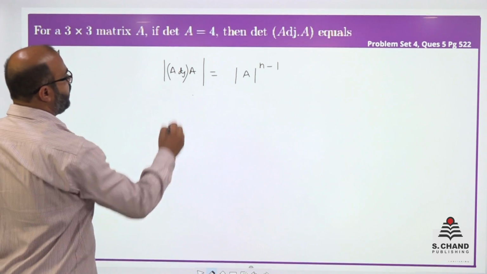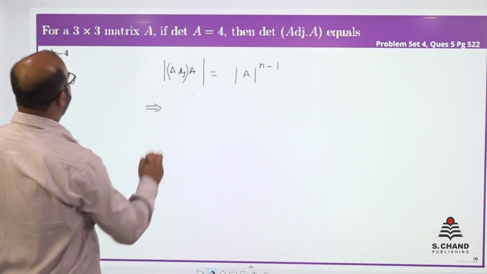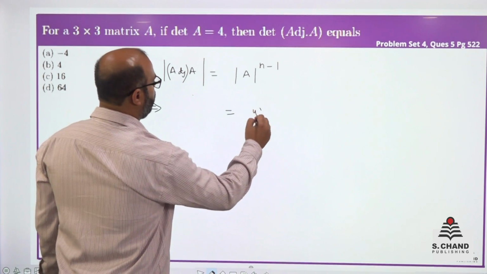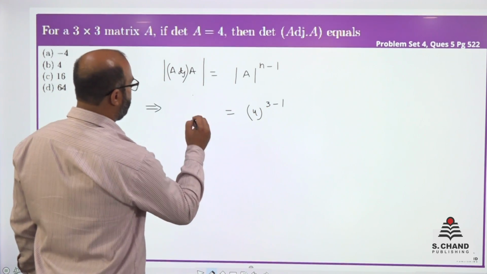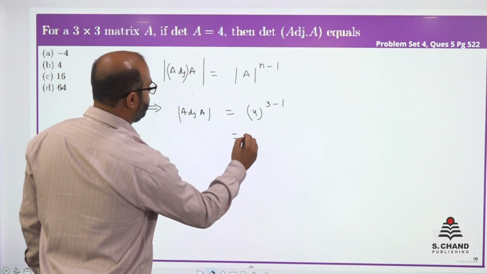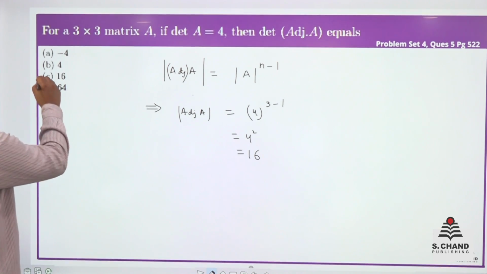So here determinant of A is 4, and this is a 3 cross 3 matrix, so 4 to the power 3 minus 1. Adjoint of A determinant is 4 square, which is 16. So our answer is option number C.